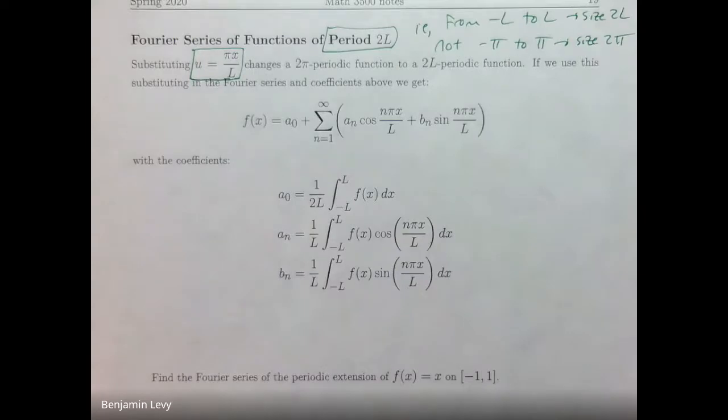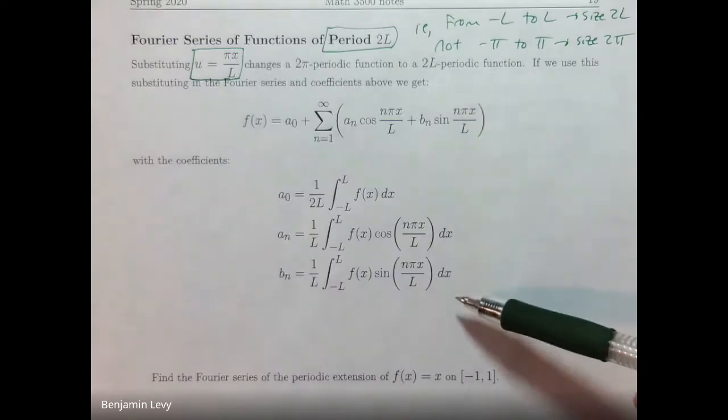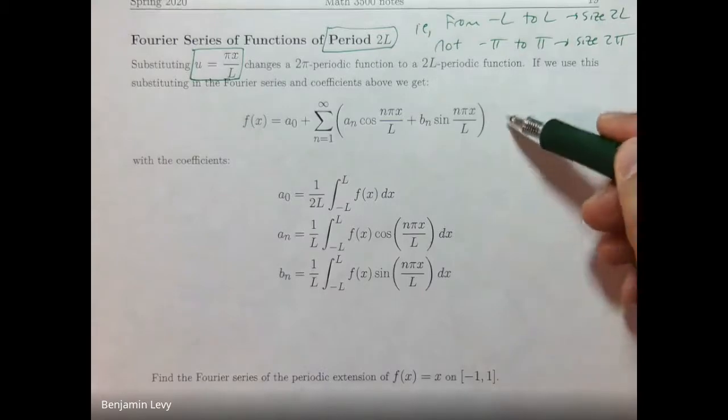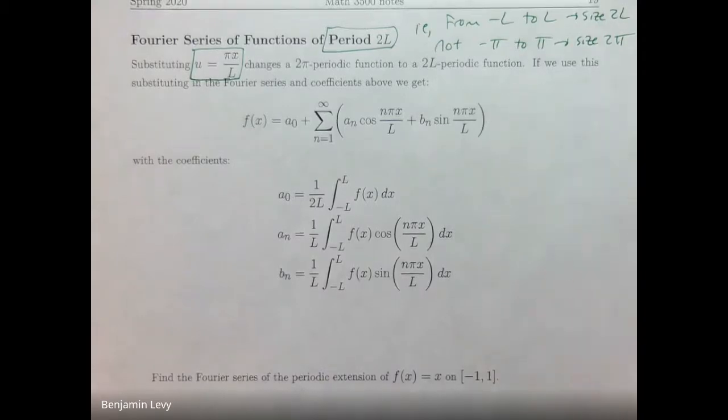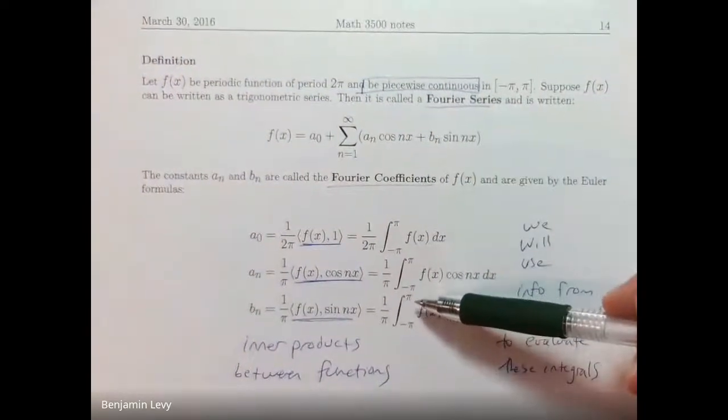Then you get a new Fourier series approximation. This is the exact same thing as on page 14, just with some slight modifications.